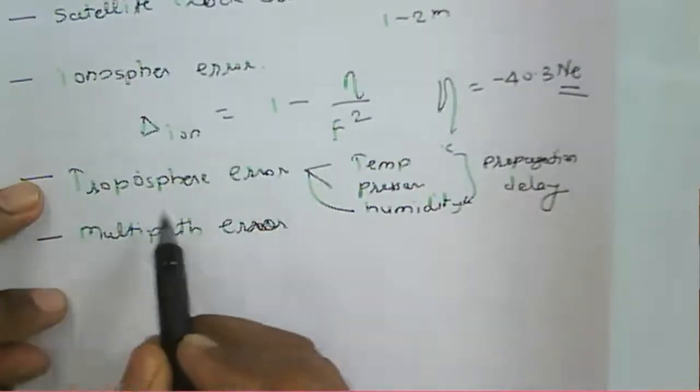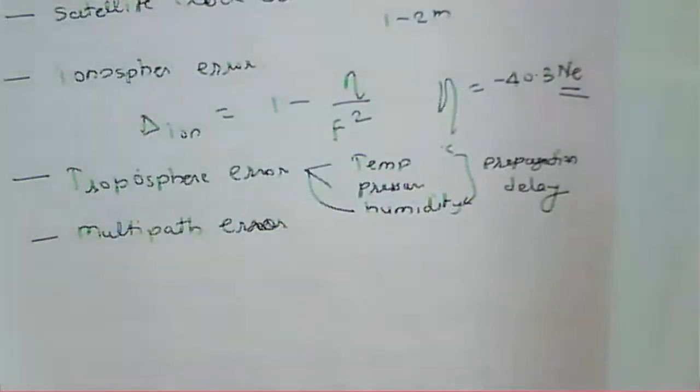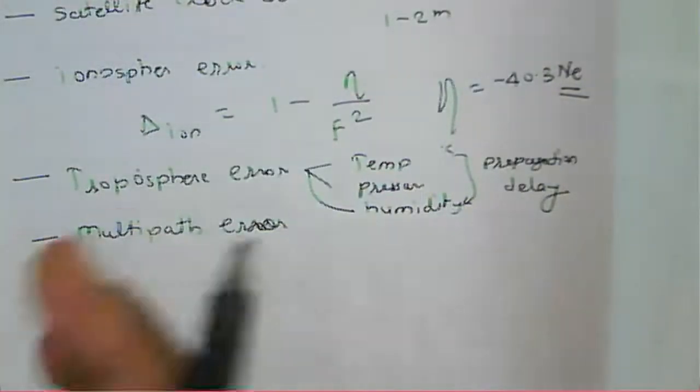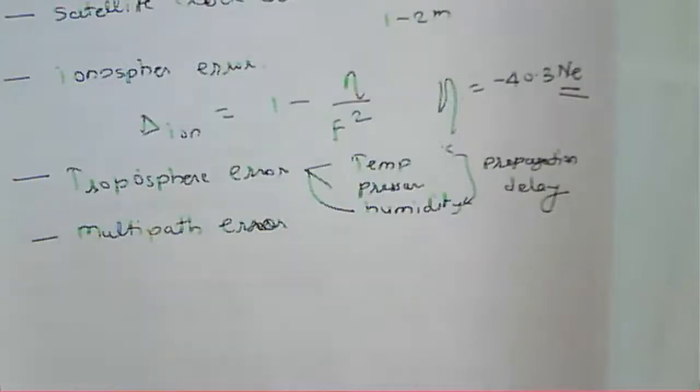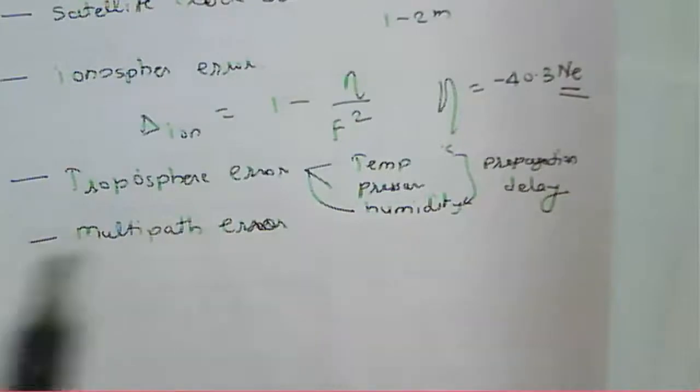And for that tropospheric delay, we know the receiver position and the satellite position. If there is a lower elevation angle, then the tropospheric delay will be more. In that case, for a specific elevation angle, the error will be different.